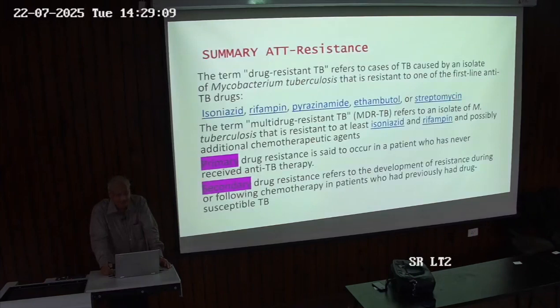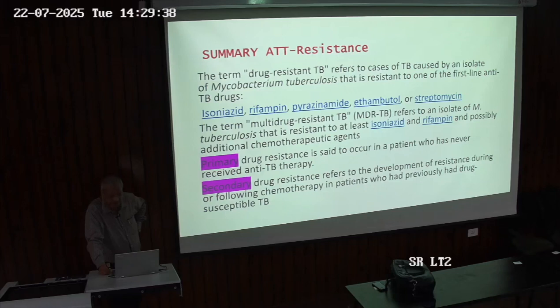And now coming back to ATT resistance, drug resistant TB refers to resistance to isoniazid, rifampin, pyrazinamide, ethambutol or streptomycin. So, any of these primary drugs. MDR TB refers to an isolate of MTB that is resistant to at least isoniazid and rifampicin and possibly additional chemotherapeutic agents.